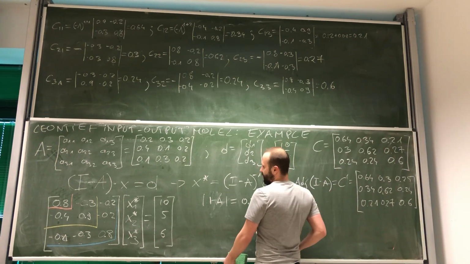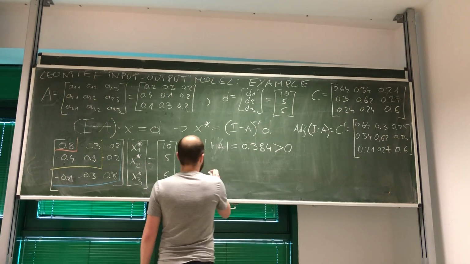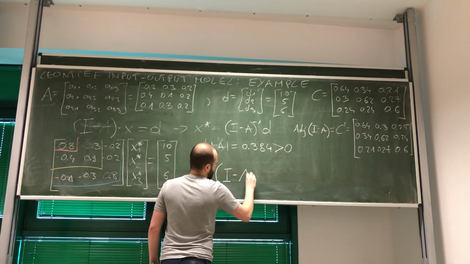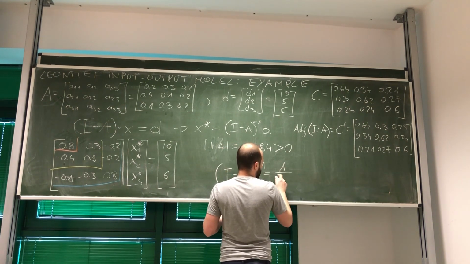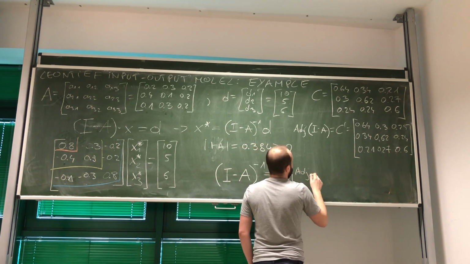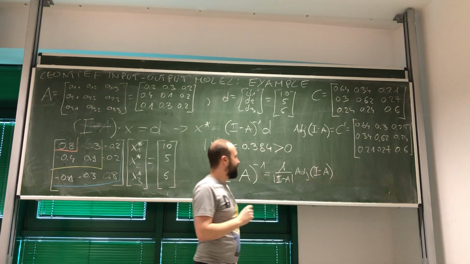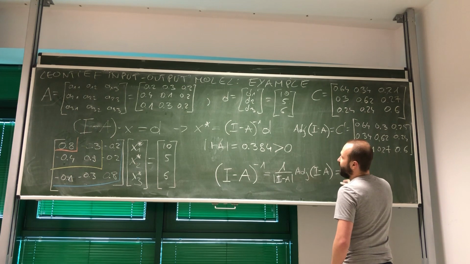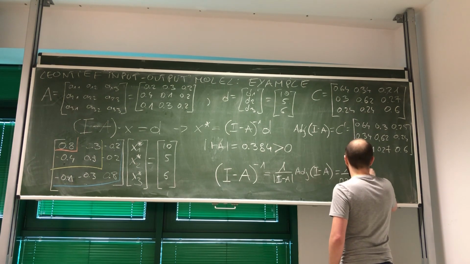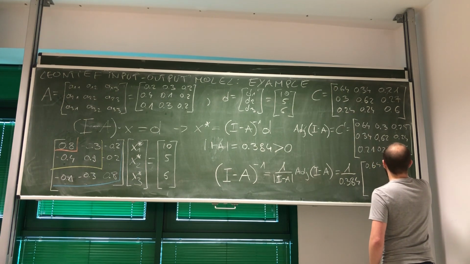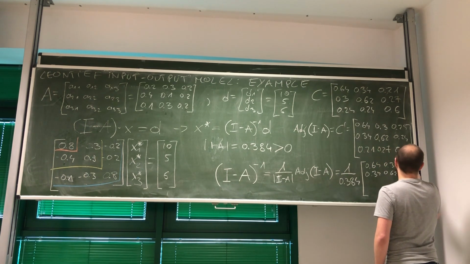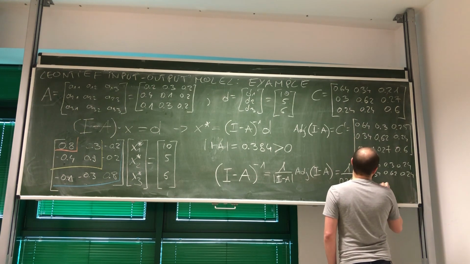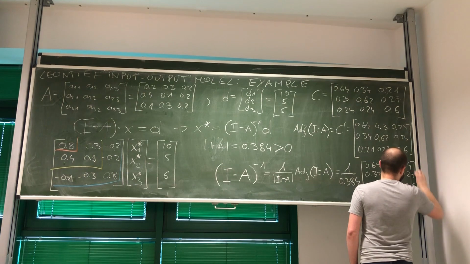So finally, we get that inverted Leontief matrix, which is equal to 1 over the determinant times adjoint of that matrix is equal to 1 over 0.384 times 0.64, 0.3, 0.24, 0.34, 0.62, 0.24, and 0.21, 0.27, 0.6.